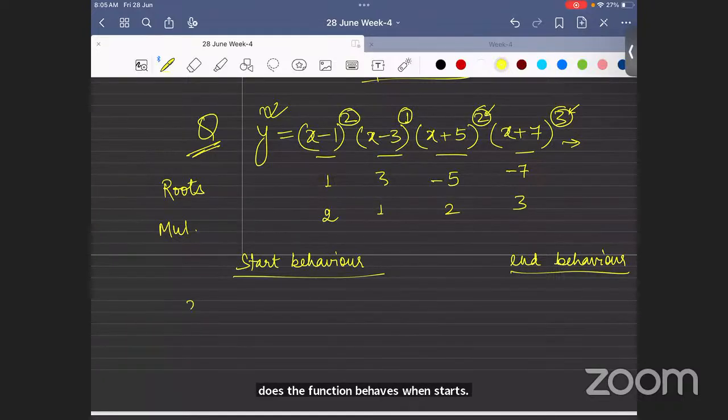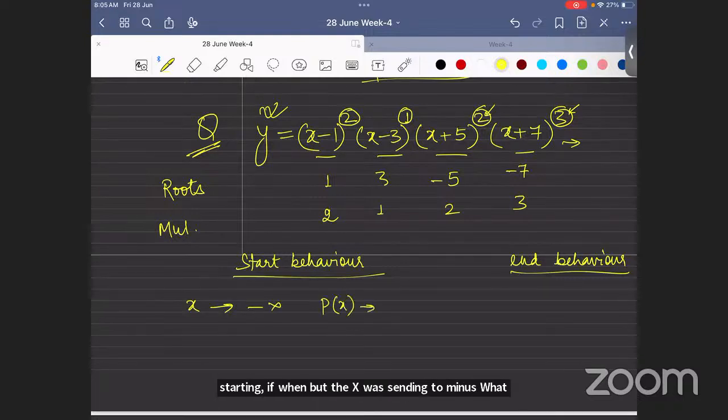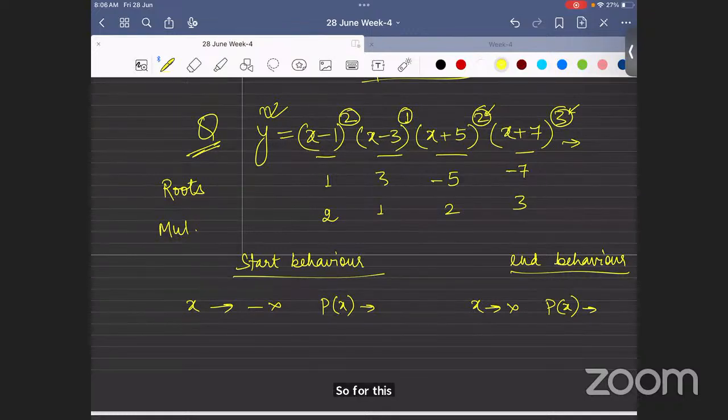Whenever x is tending to minus infinite, what is the polynomial function value? Similarly, whenever x is tending to infinite, how is the function behaving? Is it tending towards 0, infinite, or minus infinite? For the equation that has been given to you, can somebody tell me, if I put x equals minus infinite in this polynomial, what should be the value of the polynomial at that point?